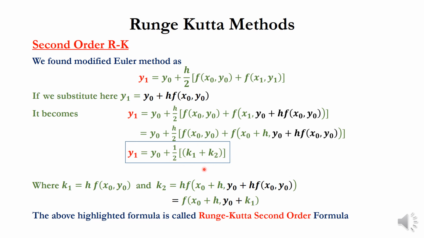So this is the symbol form of the modified Euler method, where k1 is h into f of x0 y0, and k2 is h into f of x0 plus h, comma, y0 plus h into f of x0 y0, where h into f of x0 y0 is again k1. This highlighted equation is called the Runge Kutta second order formula, with k1 equal to this one and k2 equal to this one.